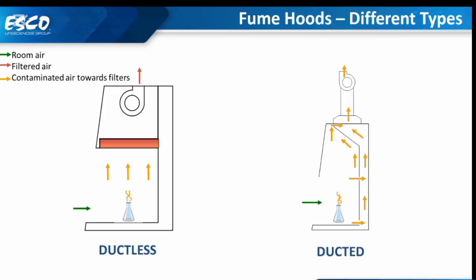But if you see on the ducted fume hood, it's only green and yellow arrow. So the room air goes in, and then the contaminated air goes through the duct system, and the exhaust fan or the blower is normally placed outside of the building.